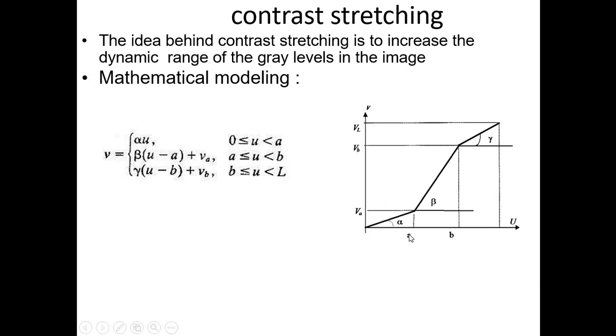So there are some levels you can see on the horizontal axis and on the vertical axis. So mathematically it is modeled as contrast stretching. The new value v of the pixel is equal to alpha into u, where alpha is this angle, and this transformation works for values of u between 0 to a.